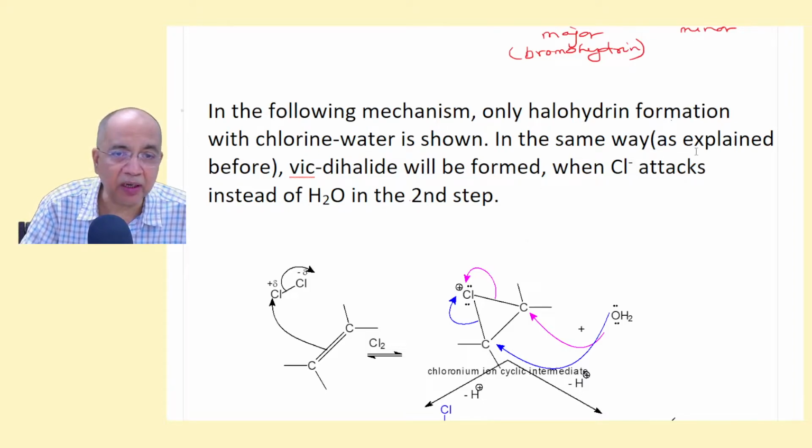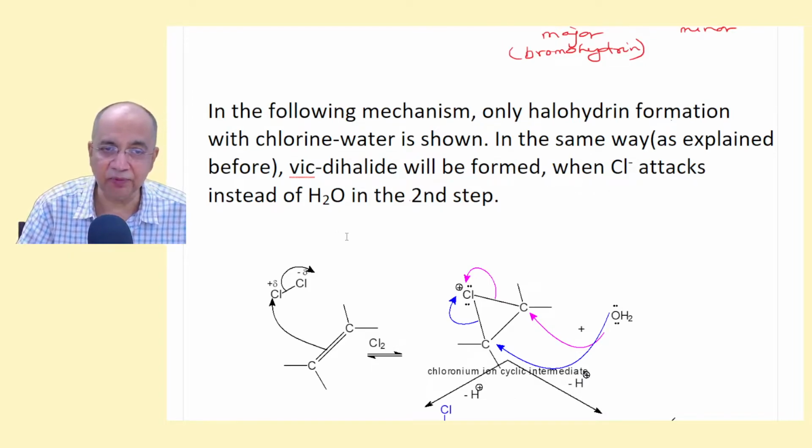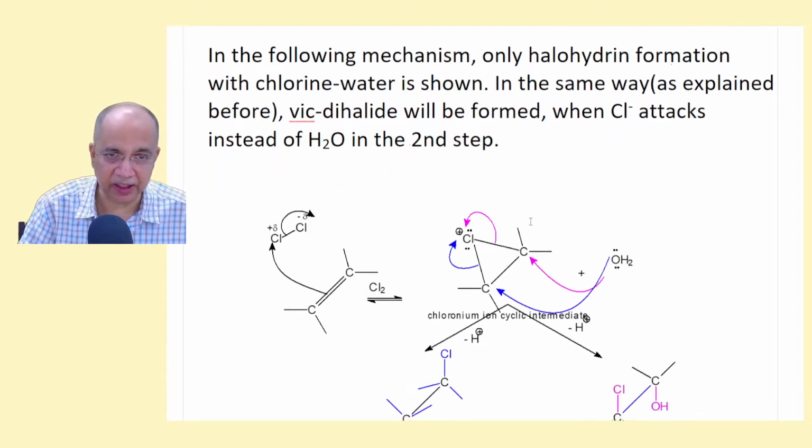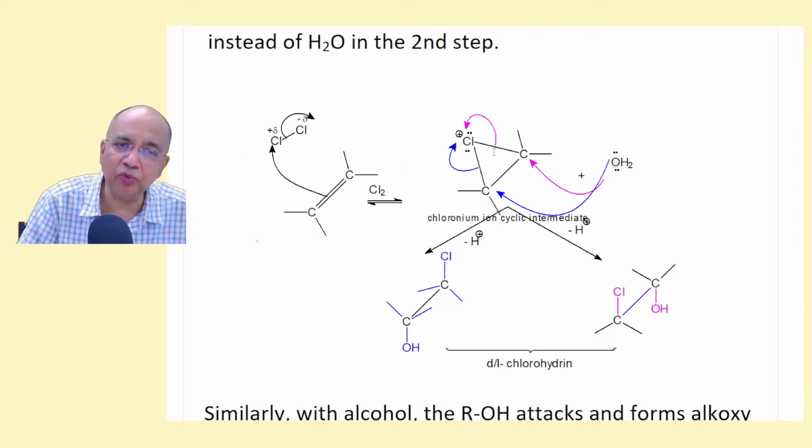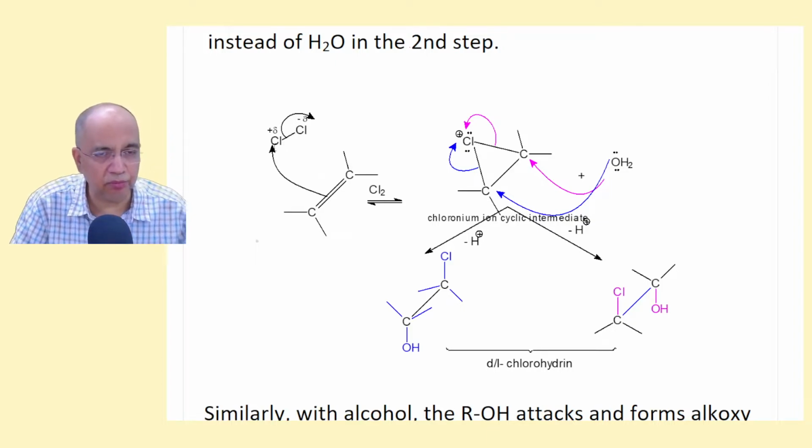In the similar manner, you can show the dihalide, dichloride formation when chloride ion attacks instead of water in the second step. Now see, the first step is same. Chlorine or bromine gets broken heterolytically.